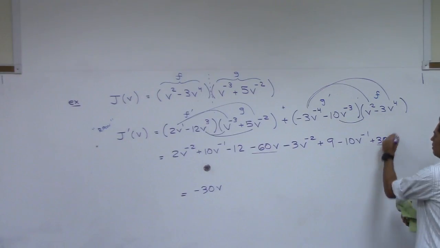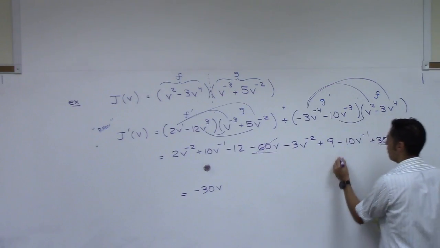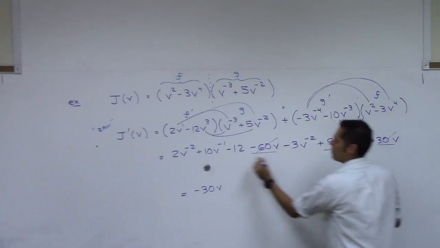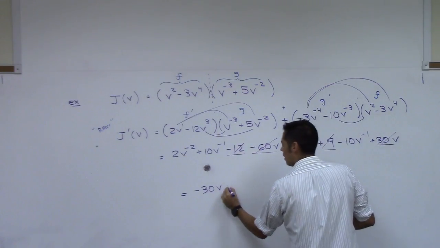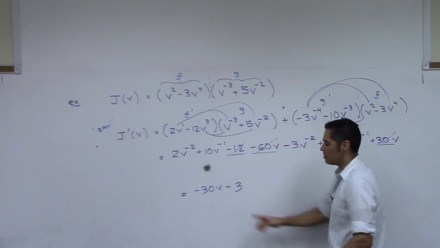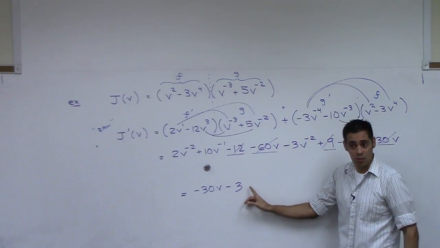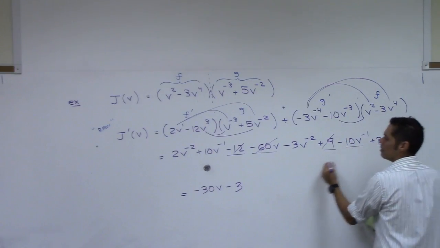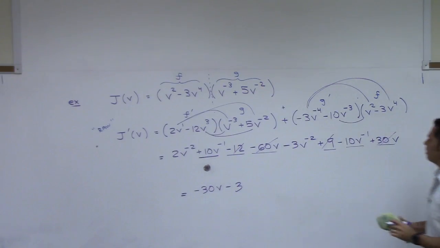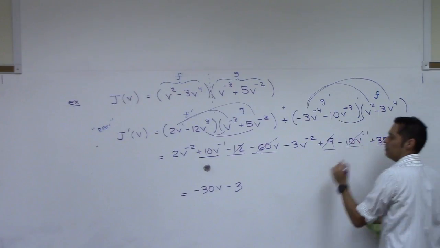So where are my constants? Let me get rid of the ones I already took care of. So I've got a plus 9 here and a minus 12, and those two together give me negative 3. Okay, so this is like v to the first power, v to the 0 power. Next would be v to the negative 1, which would be this one and this one. I'll put those together. They're gone. Okay, so those are gone completely.